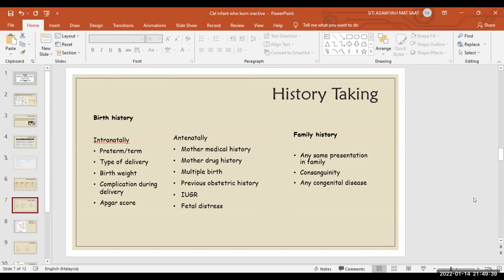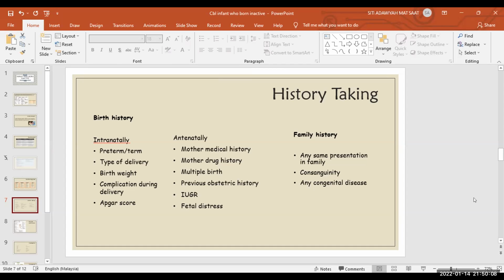Antenatally, we need to ask about the maternal medical history, such as maternal infection, maternal hypertension, or GDM during pregnancy, and whether the mother had taken some drugs or has drug abuse, especially throughout the pregnancy, and whether it is a multiple birth or singleton.